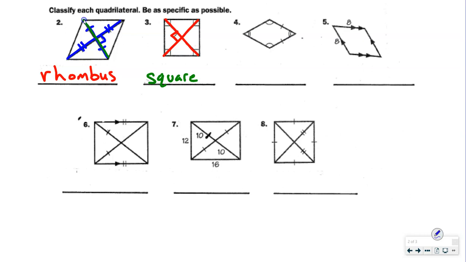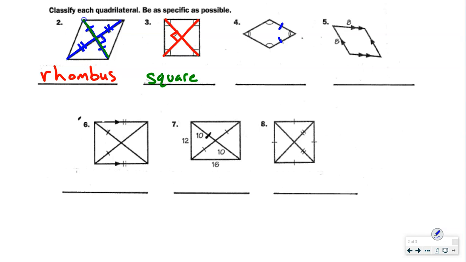We see that our opposite angles are congruent. If we find that in our family tree, both pairs of opposite angles congruent is under parallelogram. Okay, so we don't know if it could be a square, rectangle, or rhombus yet. So far, we just know about parallelogram. But then we have these 2 sides marked as congruent.